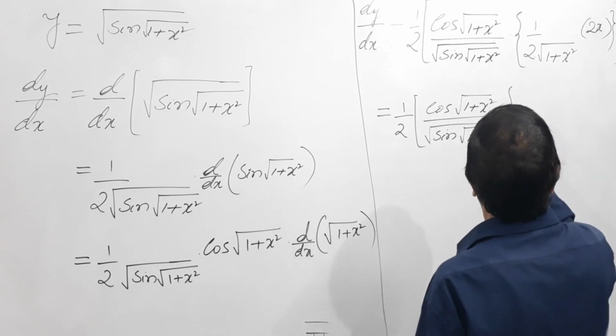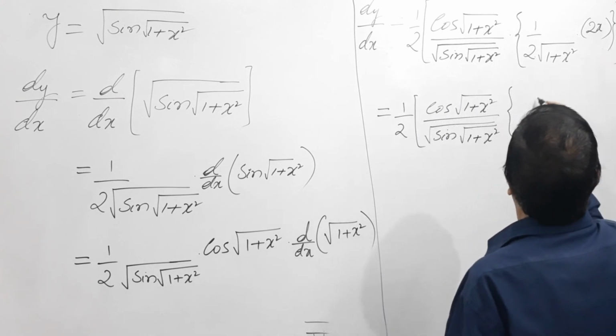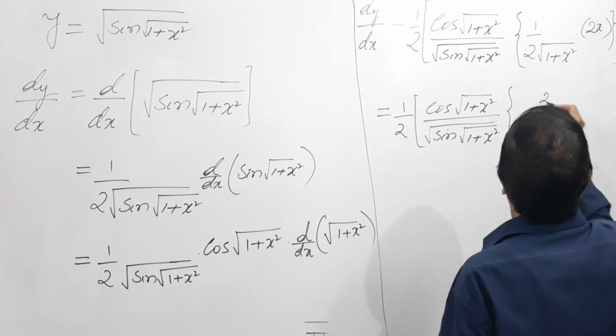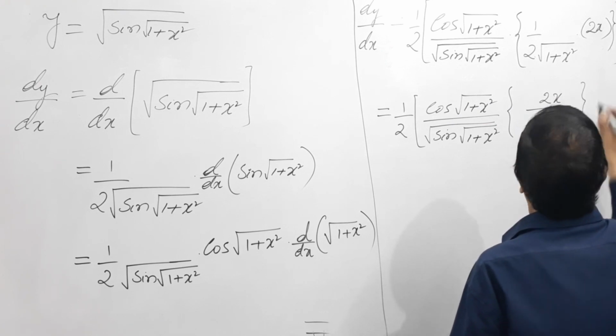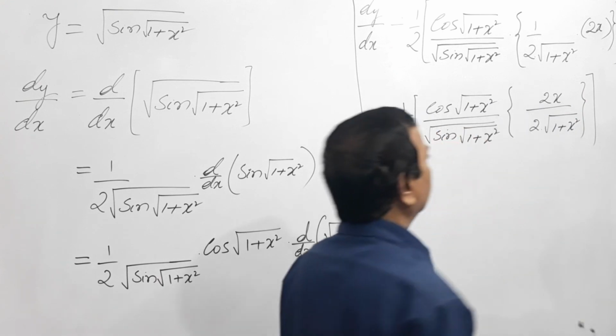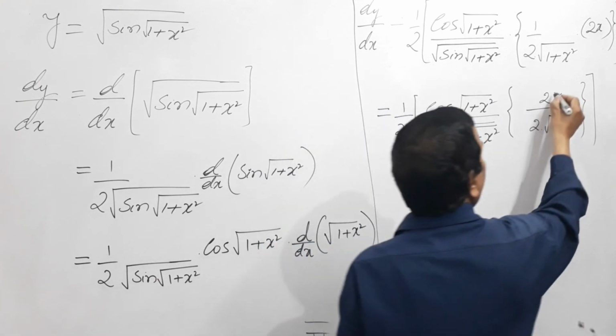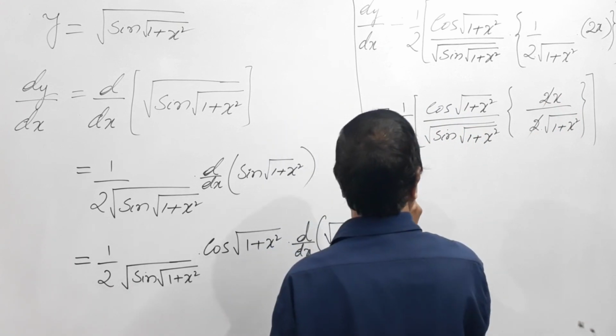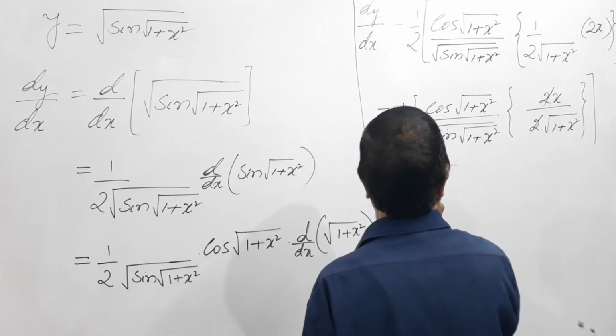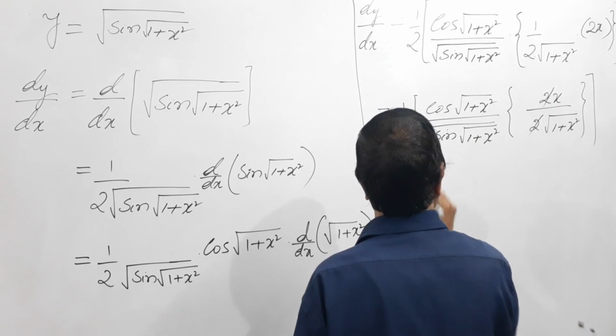So this becomes 2x by 2 into under the root 1 plus x square. So this two cancels. What is left? Half, you write as it is.